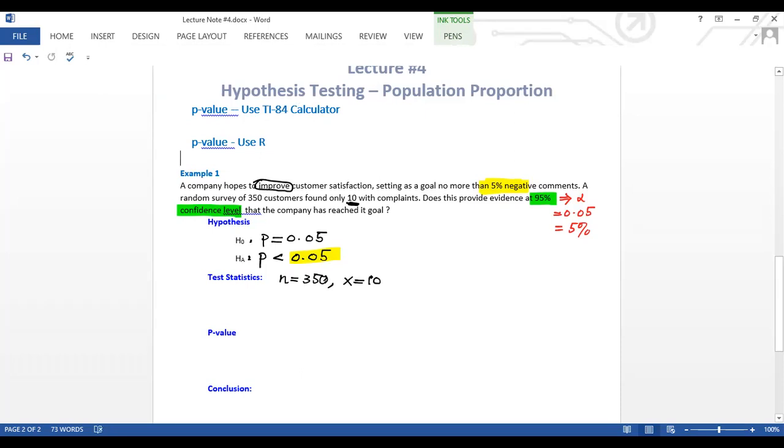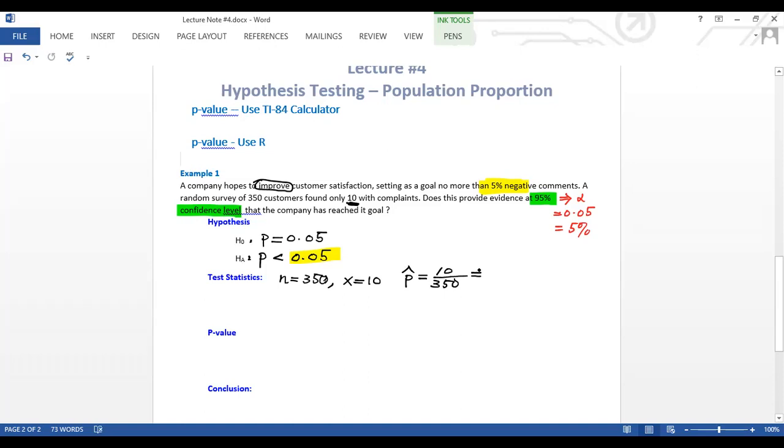Okay, so based on that, remember p hat is a sample statistic, the percent of people with a complaint. So it is 10 over 350 here, correct?